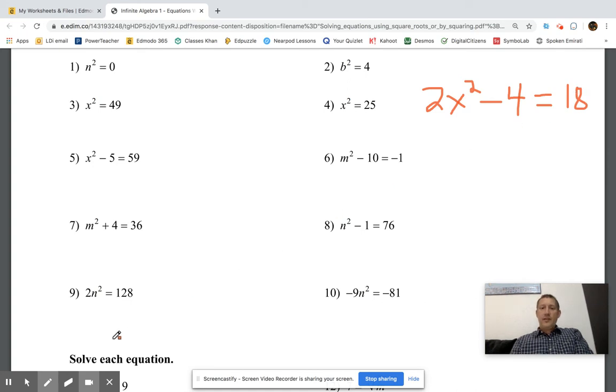Okay, it's just like we do. Just it's going to be a 2-step equation before you square root. So really it's a 3-step equation. So the first thing we're going to do is we're going to add 4 to both sides, right? That gets rid of it there. So plus 4, which gives us 22.